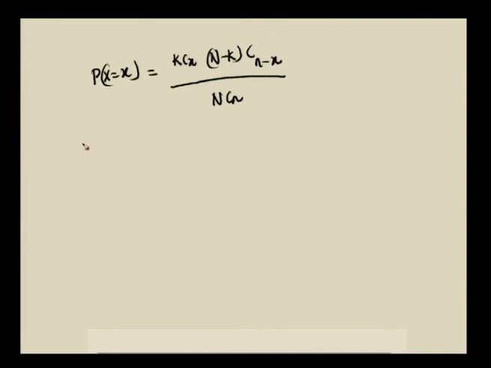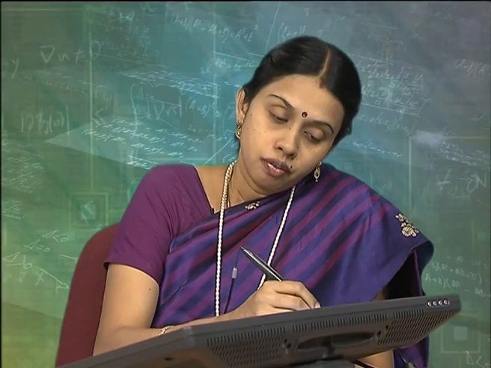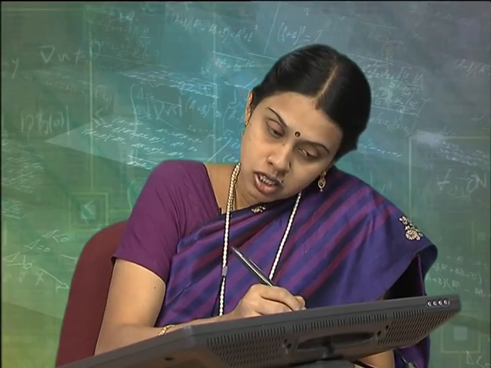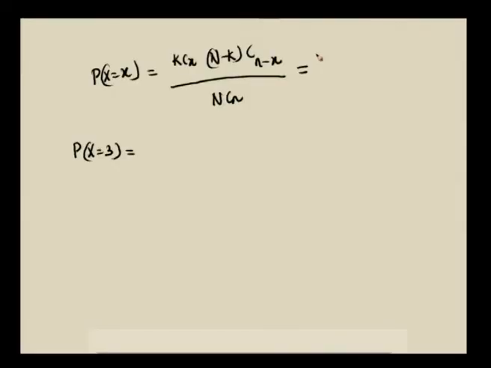So, what is the first question? The first question is: what is the probability that 3 of the Ambassador cars are in the workshop? So, we have to find P of x is equal to 3. Except x, all the other values can be fixed. So, 12 C x, 8 C 5 minus x, by 20 C 5.